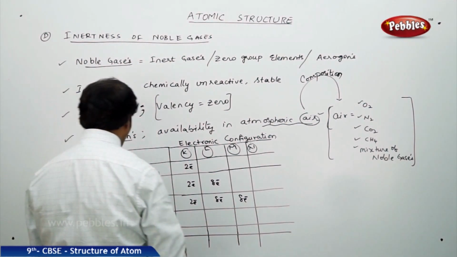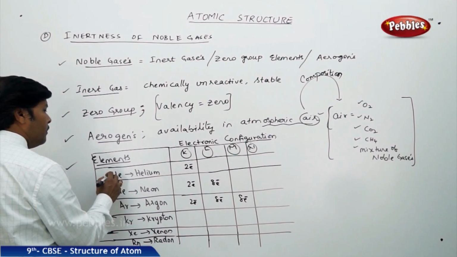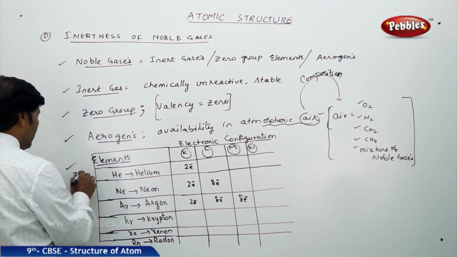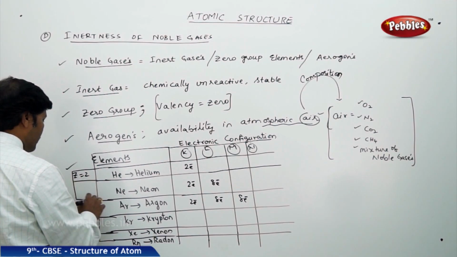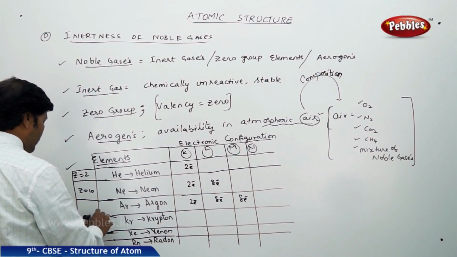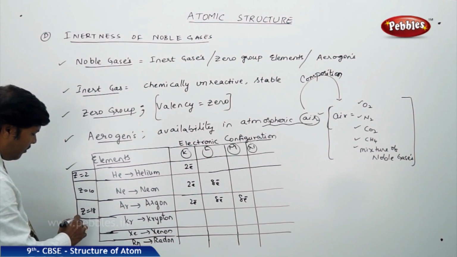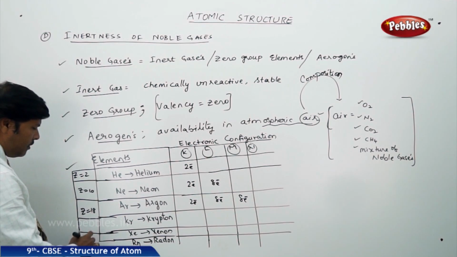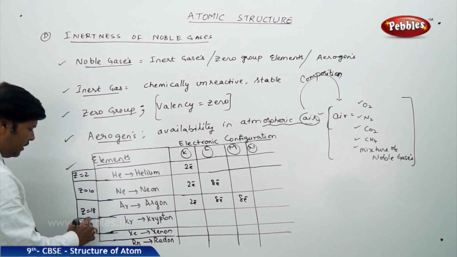If you go for krypton, one more thing, the atomic number of helium is 2. Atomic number of neon is 10. Atomic number of argon is 18. Atomic number of krypton is 36.